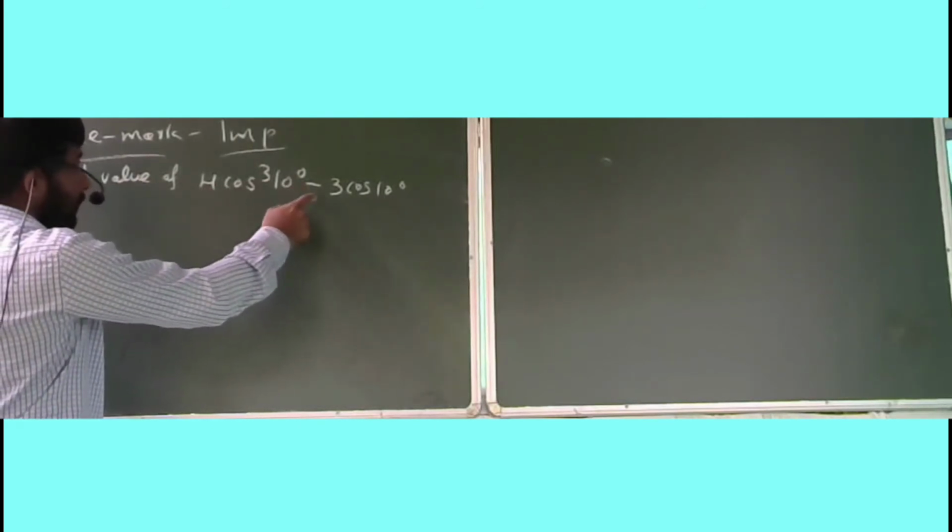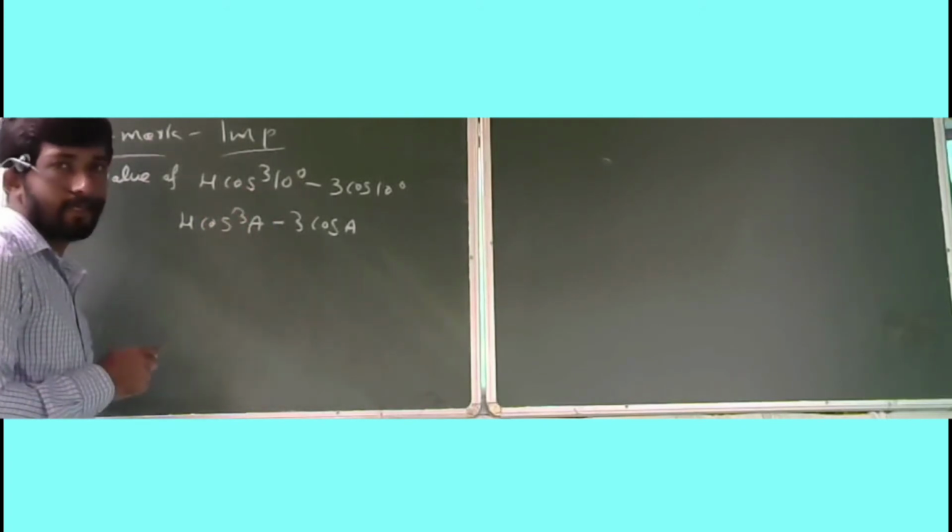Next, see some important 1 mark questions. First question, find the value of 4 cos cube 10 degree minus 3 cos 10 degree. Just observe the given question. It's in the form 4 cos cube A minus 3 cos A, right?